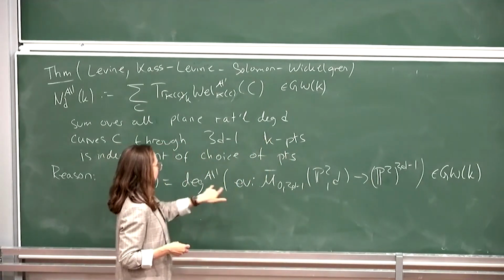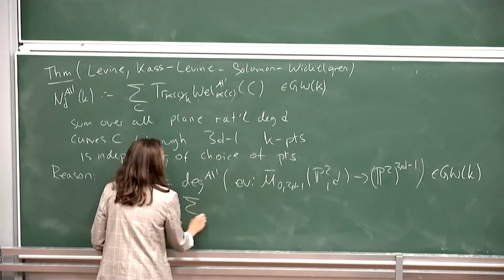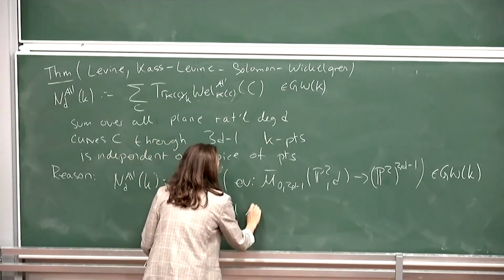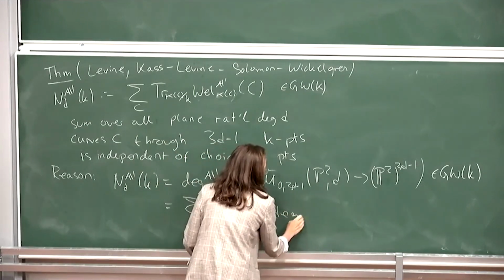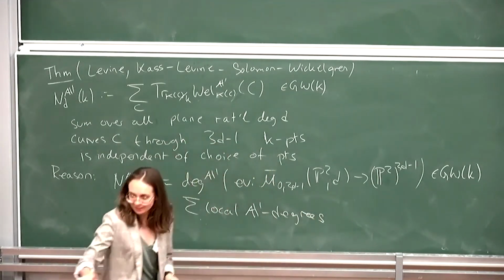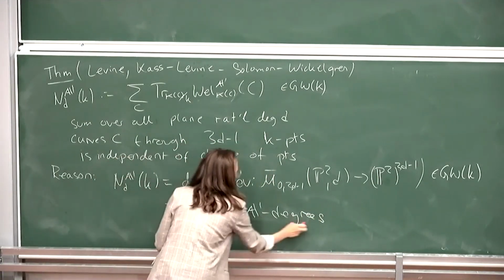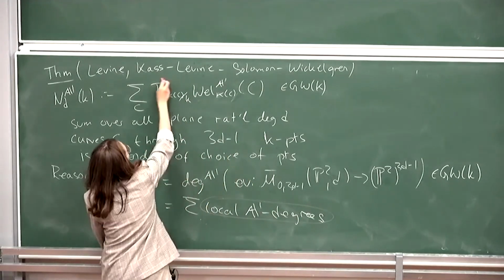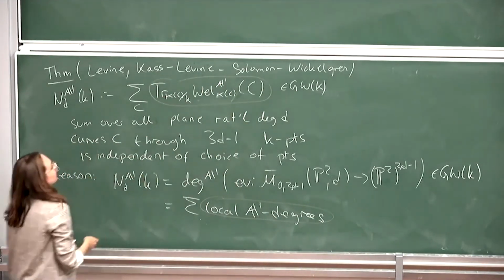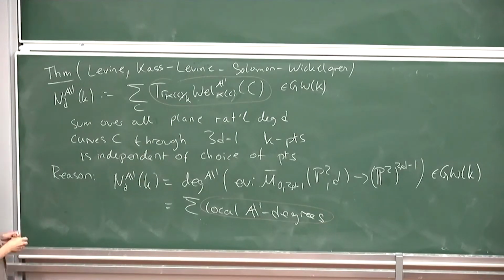And then this splits up as the sum of local degrees. And it turns out that these local degrees are exactly these guys. So this is not a proof, but maybe you have an idea where this comes from now.